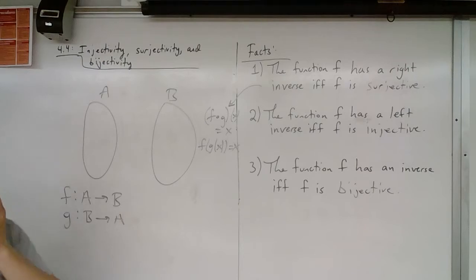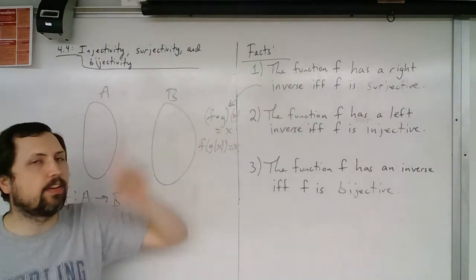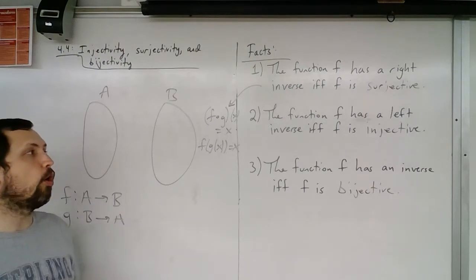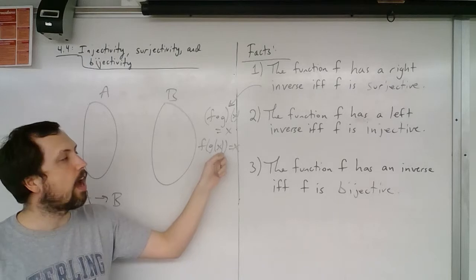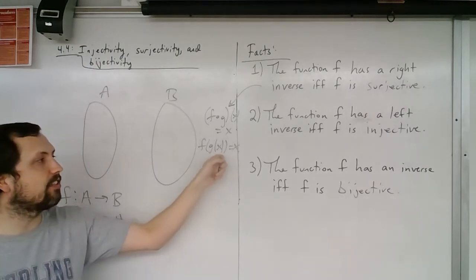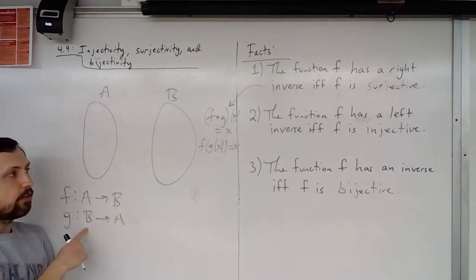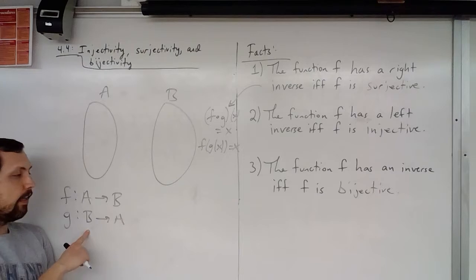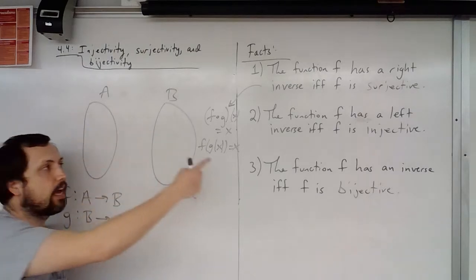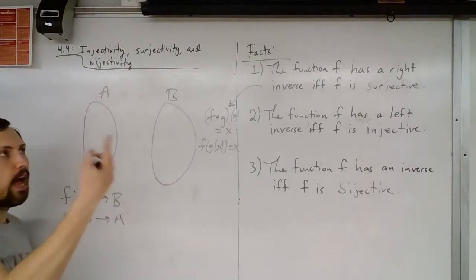So if we think about what's taking place here, why is there a relationship between surjective and a right inverse? If we look at this element x, we're plugging it into our function. This x value has to be in the domain of g, right? So we put in x, an element of B, and what pops out is an element from A. So we're visualizing this right inverse.